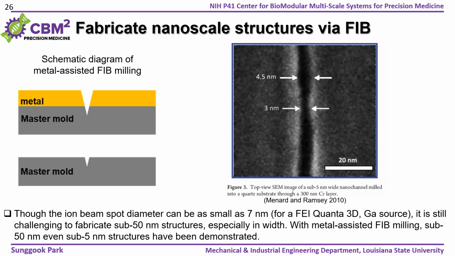Yes. So when you do the feature sizes like 5 nanometers, when you do the etching, do you do dry etching? So again, forget about wet etching. In order to have a 5 nanometer feature size, the thickness of the resist should be very small.